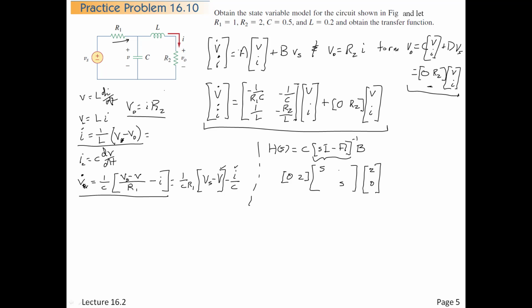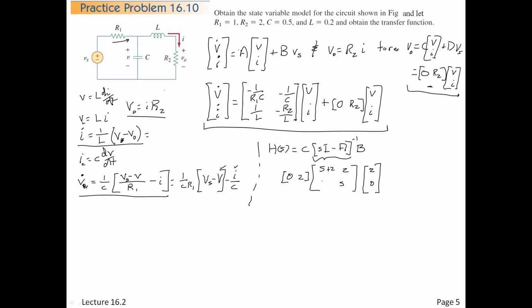If we plug in our values of 1 over R1C, R1 is 1, C is a half, so that's a 2, and it's minus 2, so this is going to be minus A, so this is going to be plus 2. And up in the right-hand corner, we've got minus 1 over C, so that looks like a minus 2. So that'll be plus 2, right?